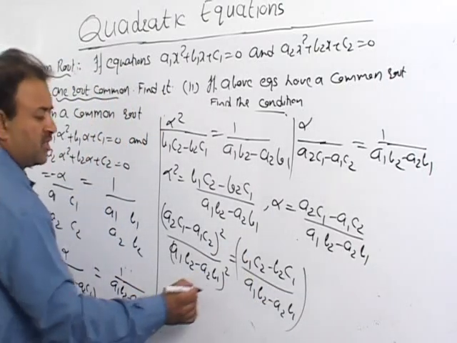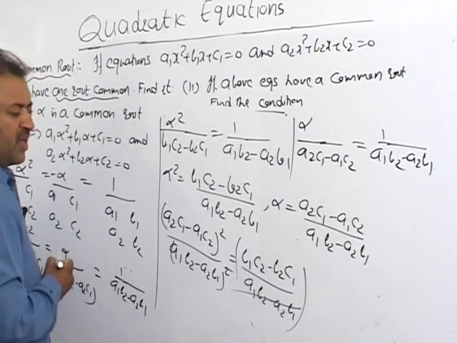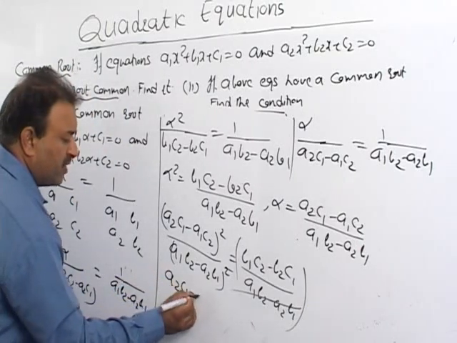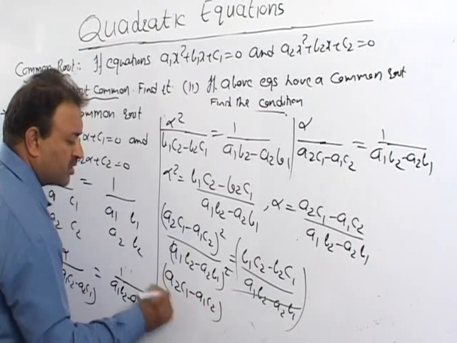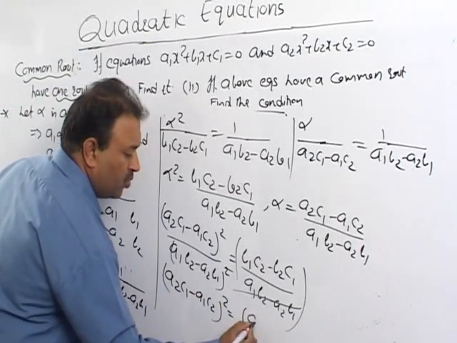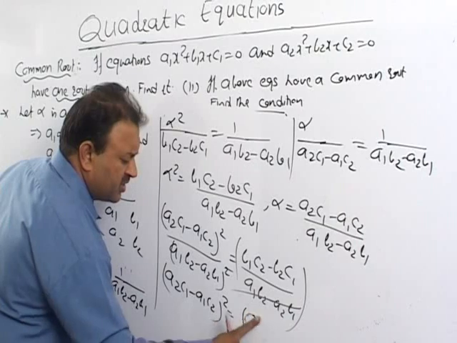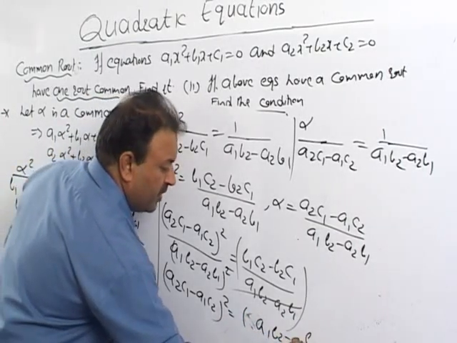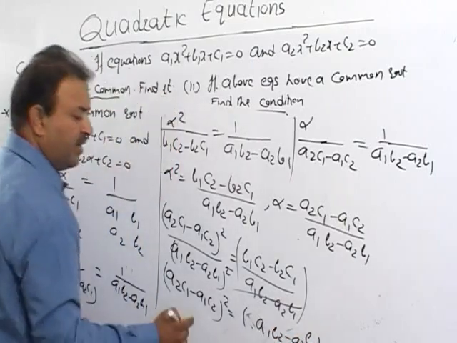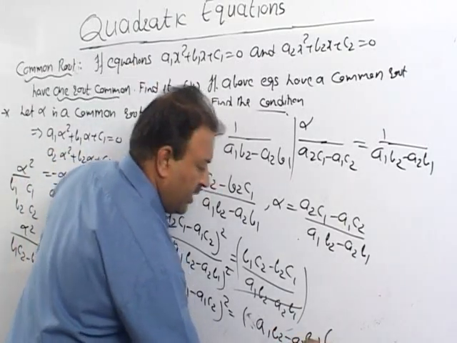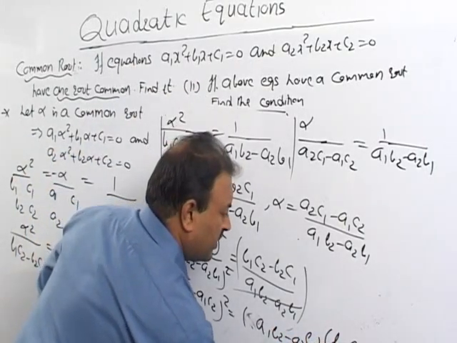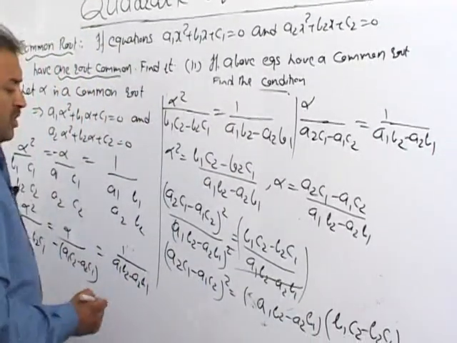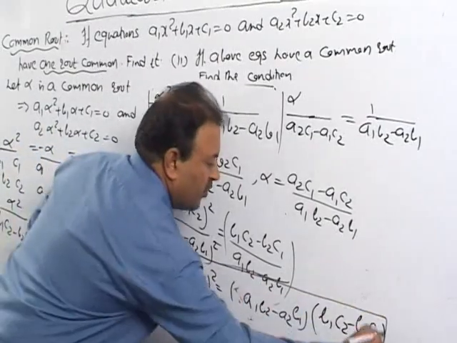Now this term will cancel with this one. I got a2 c1 minus a1 c2 the whole square equal to a1 b2 minus a2 b1 into b1 c2 minus b2 c1. So this is the required condition. We got it from here.